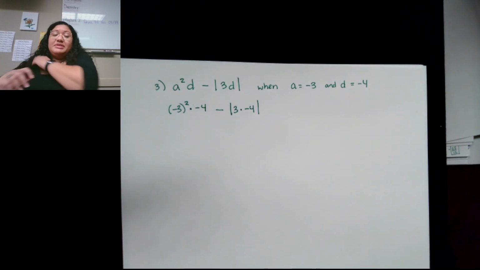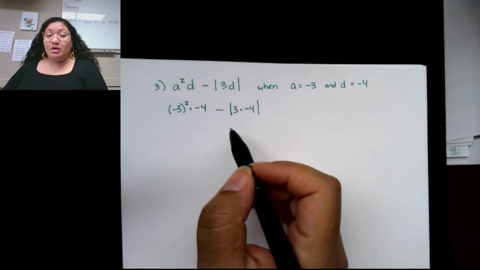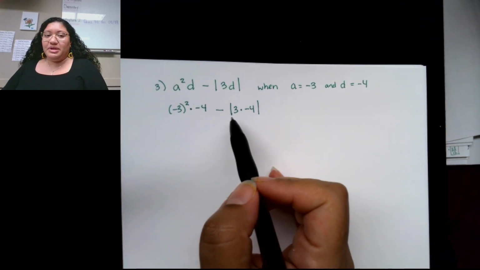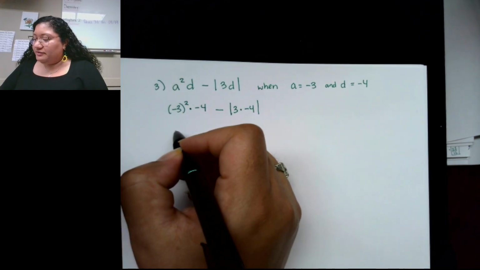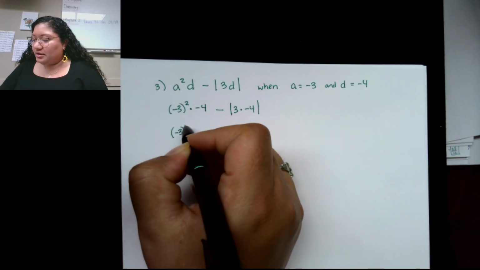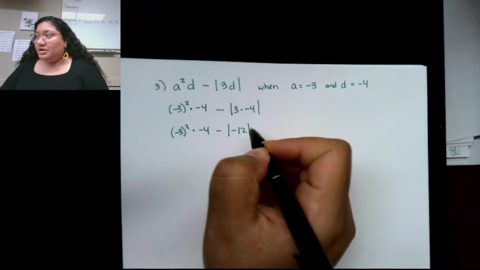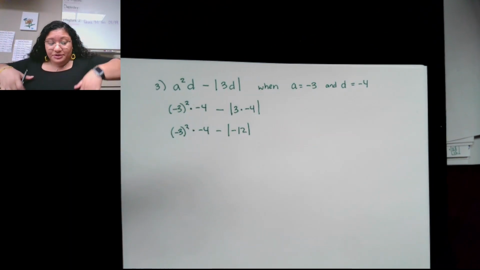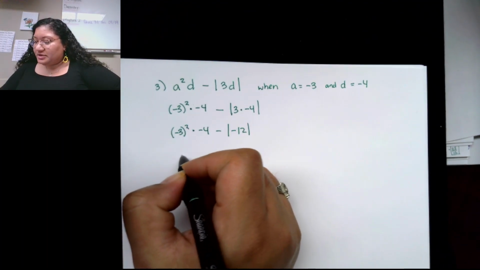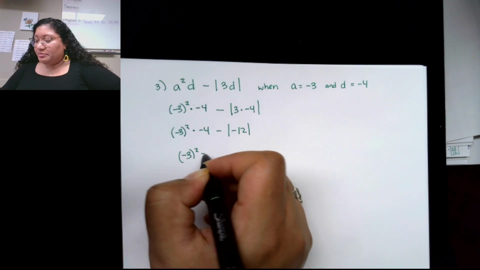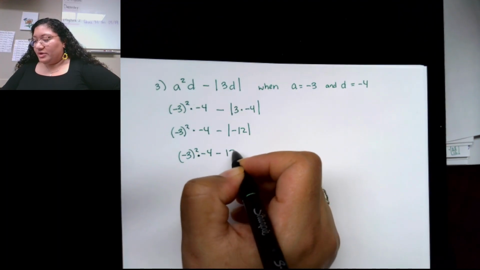Okay, GEMDAS tells me that I'm going to do my grouping first. My grouping here are my absolute value. So it's 3 times -4, -12. Times -4 minus absolute value of -12. Okay, when I tumble down those walls, what do they take with them? The negative sign. So this becomes -3 squared times -4 minus 12.